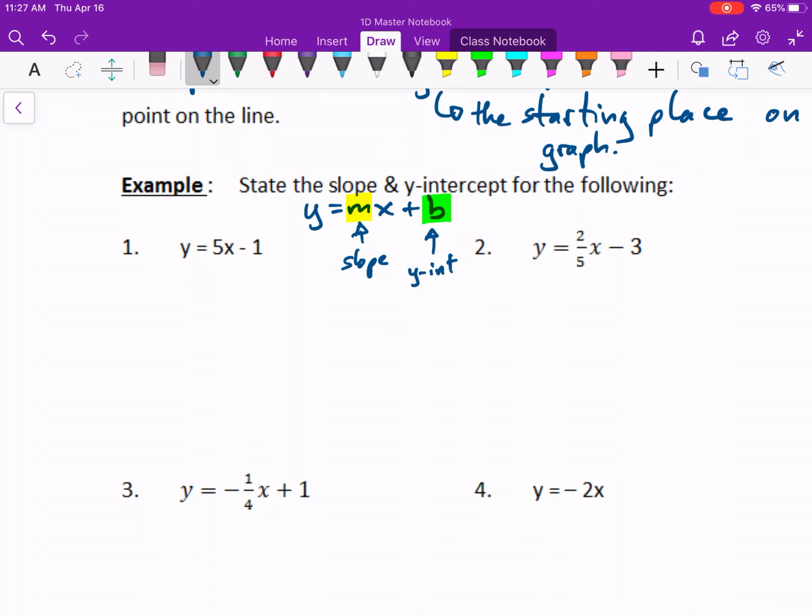So if I want to identify them, then in this case, there's my slope, there's my y-intercept. M equals 5, b equals -1.